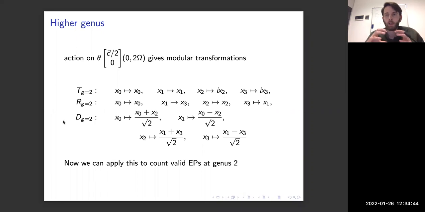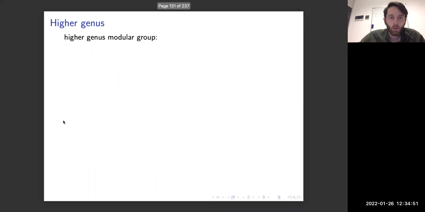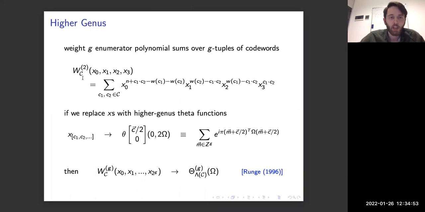Essentially, you want to think of, for instance, at weight 2, the weight 2 enumerator polynomial. This is actually the specialization of something called the joint weight enumerator polynomial, where you sum over code words of 2 different codes, and then you sum over pairs of code words of 2 different codes.